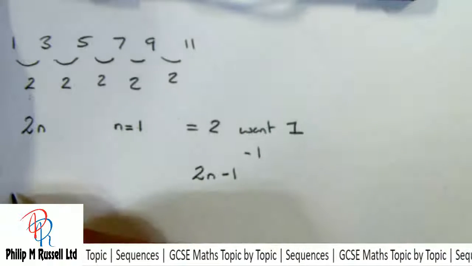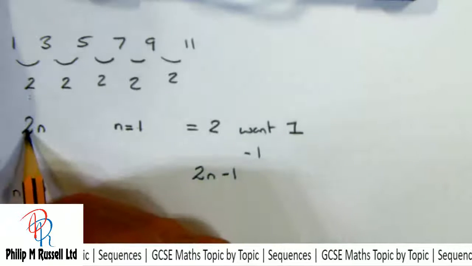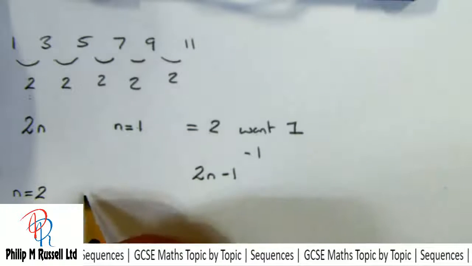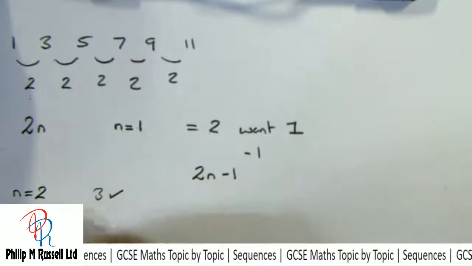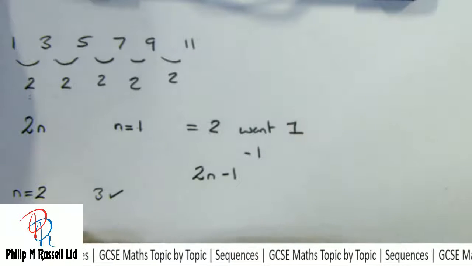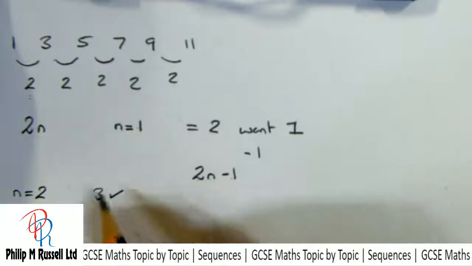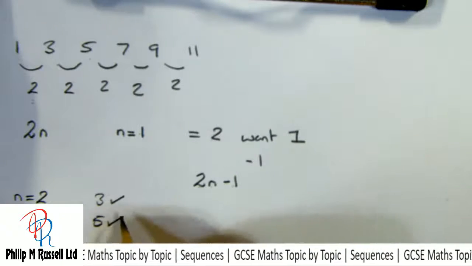Let's try this again with n equals 2. 2 2's are 4, minus the 1 gives us 3. That seems to be right. Let's try one more for good measure: 3 times 2 is 6, minus 1 is 5, and there we have our third item.